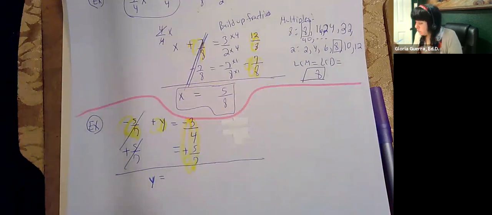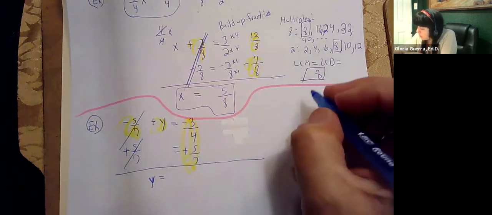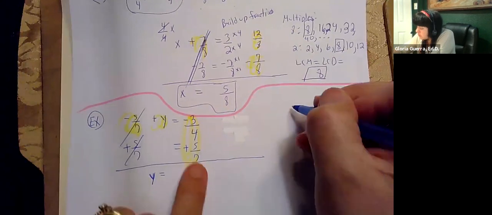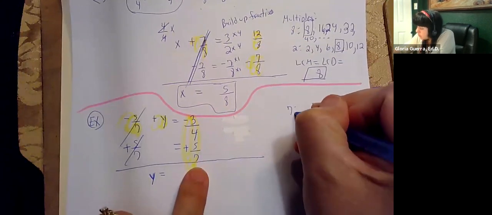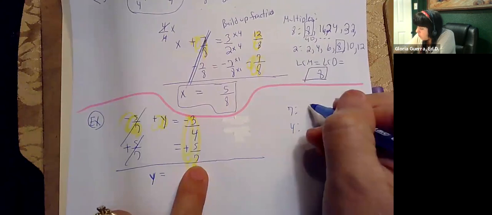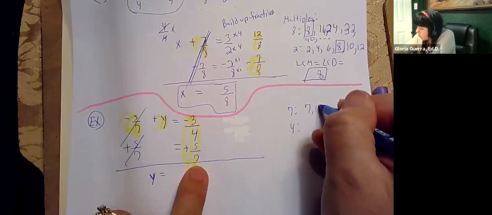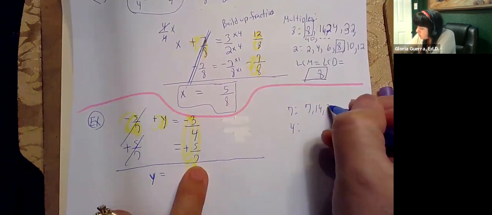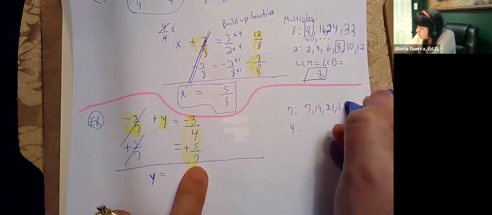Okay. So we're gonna build up the fraction. I'm gonna look at multiples of 7 and 4. 7, 14, 21, 28.